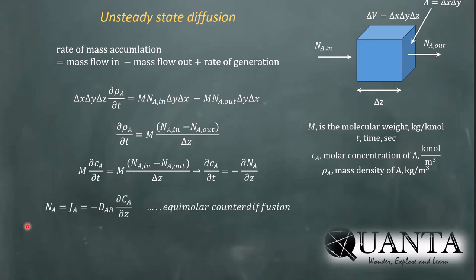This is what I mean. This is the flux of A with respect to a stationary observer, which is actually the diffusional flux in case of equimolar counter diffusion. And the diffusional flux is given by Fick's first law.